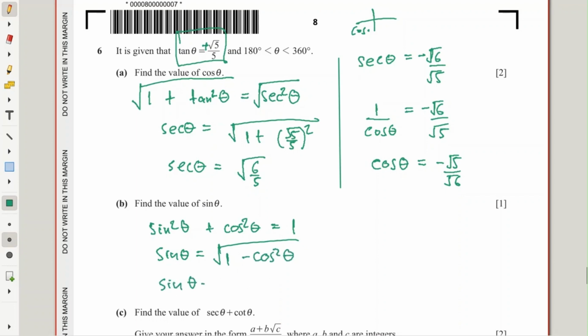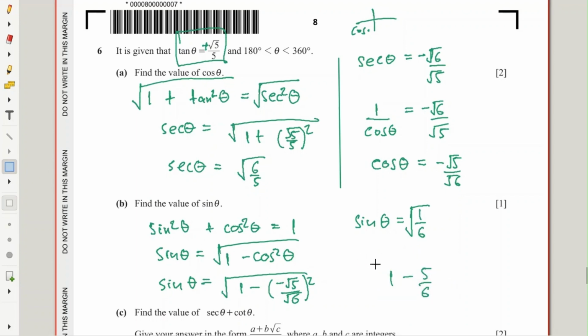But don't forget that because it's square root, you get plus or minus for this value. Okay, so this will give me 1 minus 1/6, the square root of this.